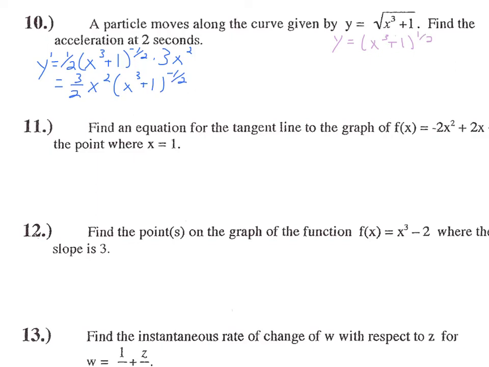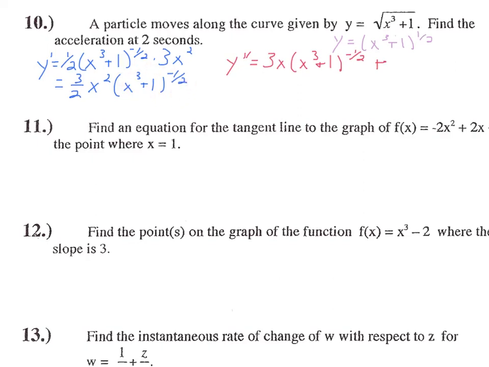So that's the first derivative, but now we need to find the second derivative. Since I have two functions being multiplied together, I'm going to have to use the product rule. So to find the second derivative, we do the derivative of the first function, which is 3/2 x squared, which will just become 3x, times the second, plus the derivative of the second, where again we're going to have to use the chain rule.